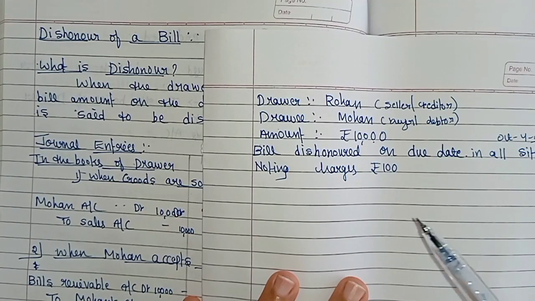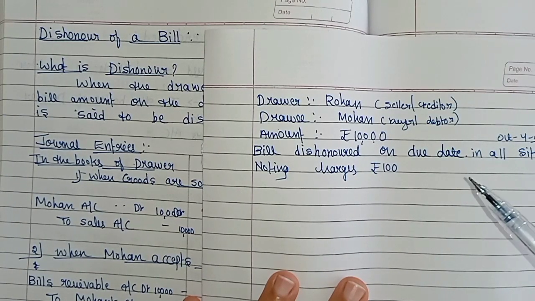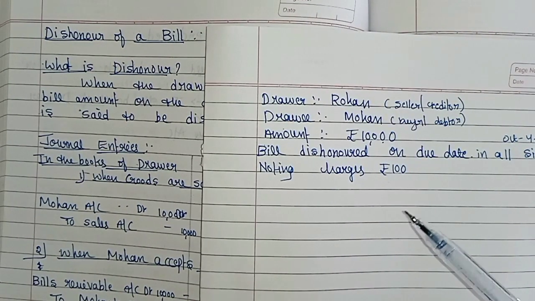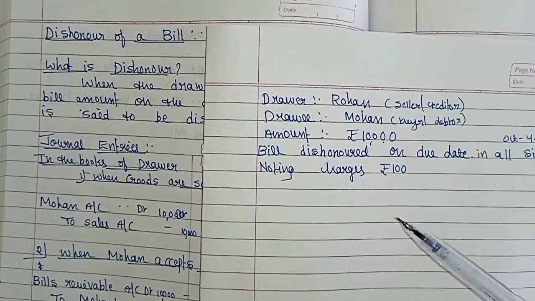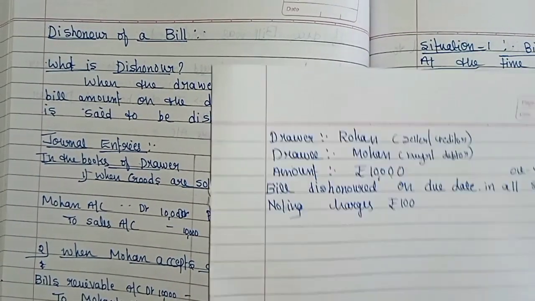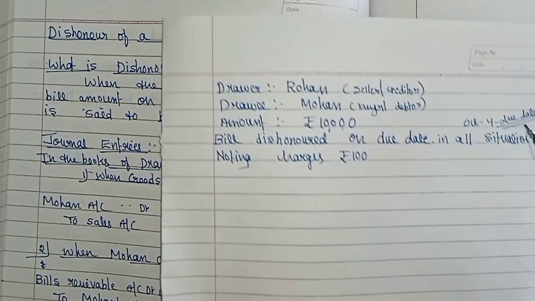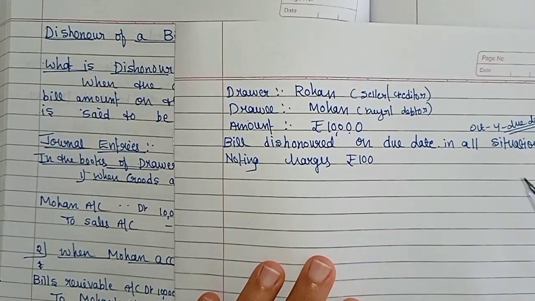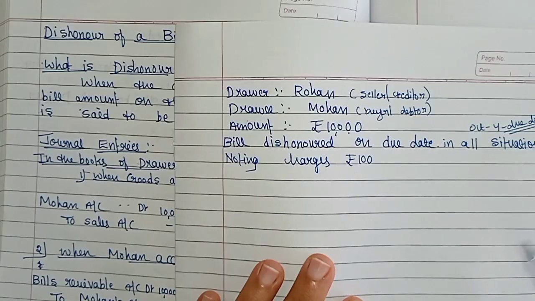In the last class, we saw the journal entries passed under 4 situations: on discounting, endorsement, bill sent to bank for collection, and the bill kept by the drawer till maturity. The same way in all these situations, here also we need to pass the journal entries under dishonor.